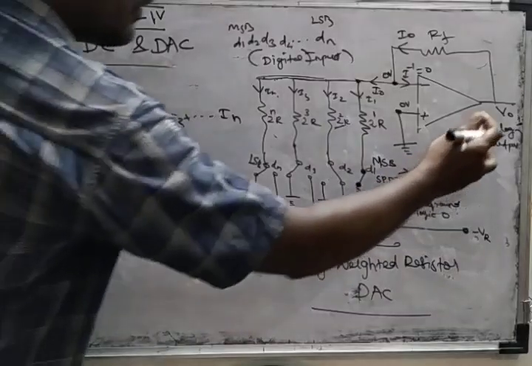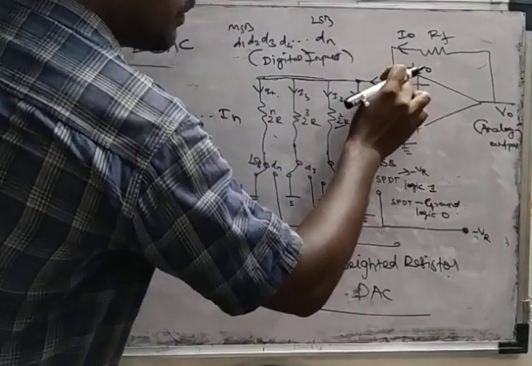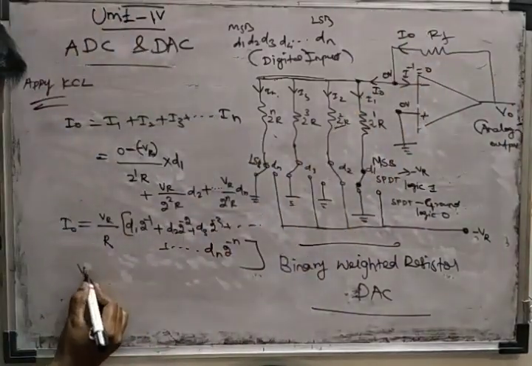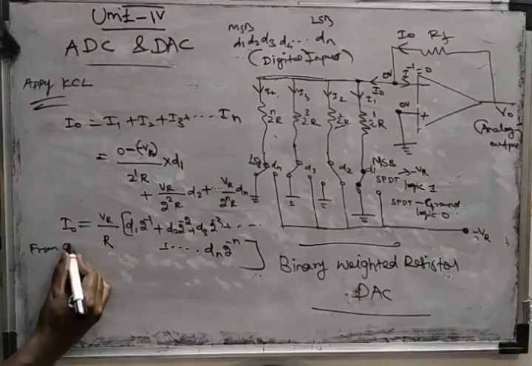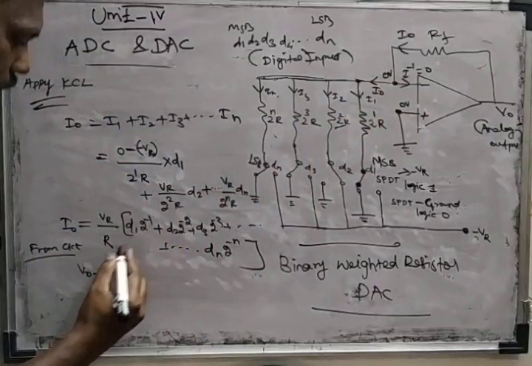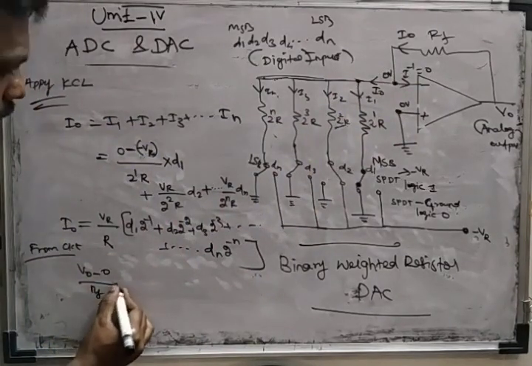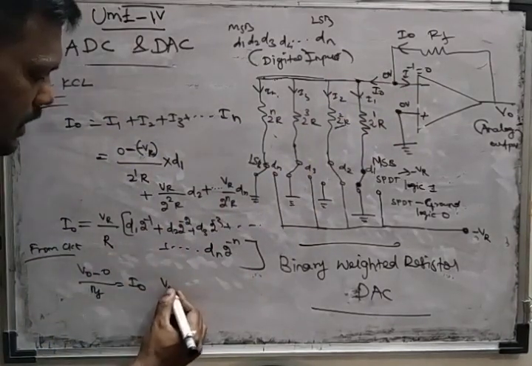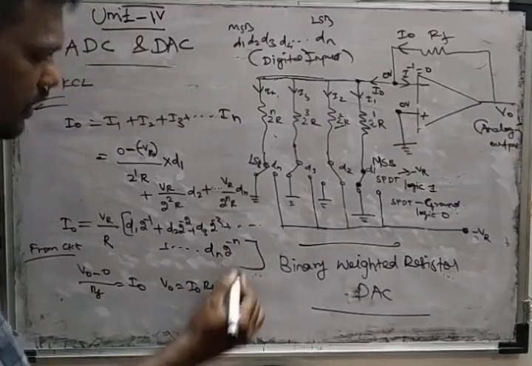From the circuit we can write V0 minus 0 by Rf is equal to I0. So V0 is equal to I0 Rf.